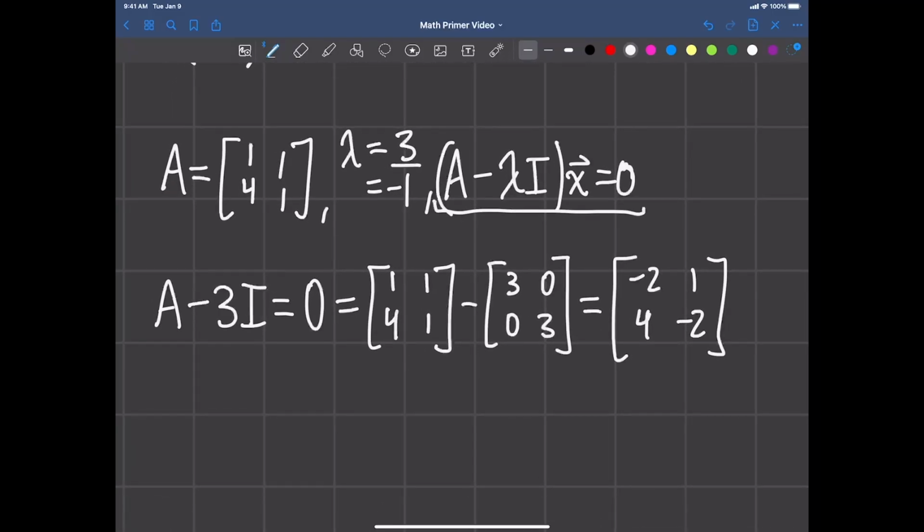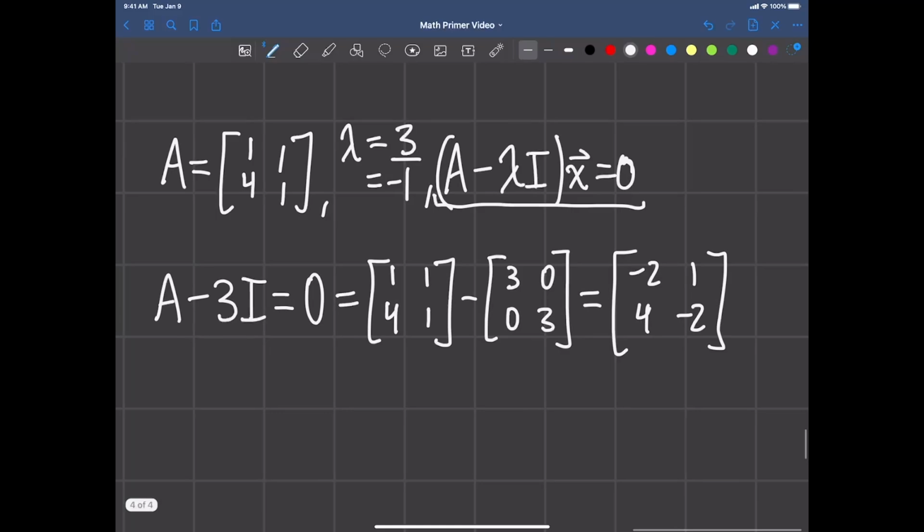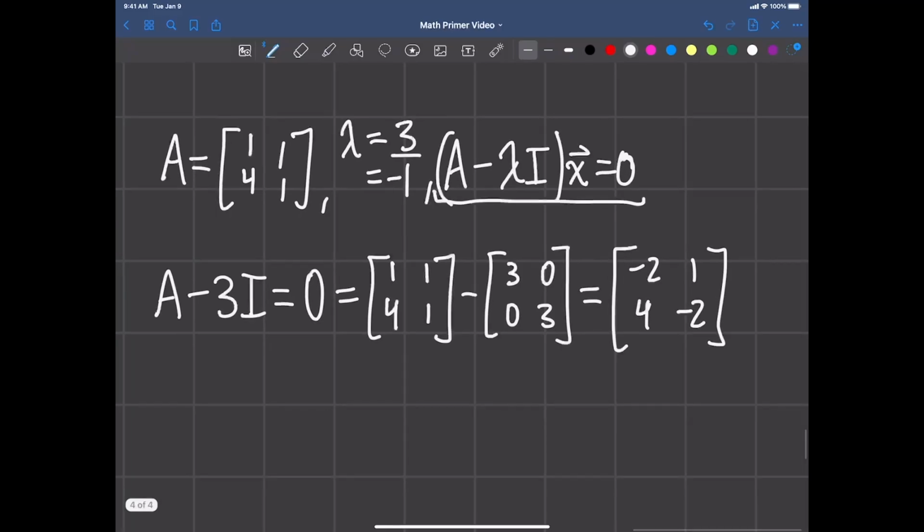Now to get this into row echelon form, what we do is a simple elementary row operation. We take the second row and add 2 times the first row to it.